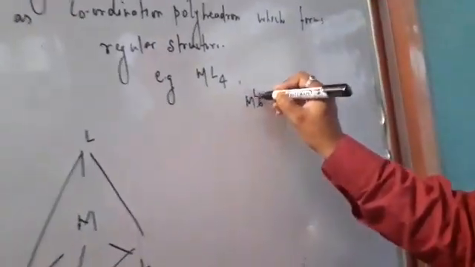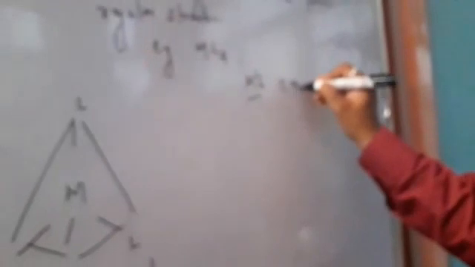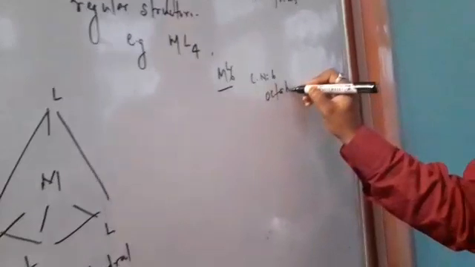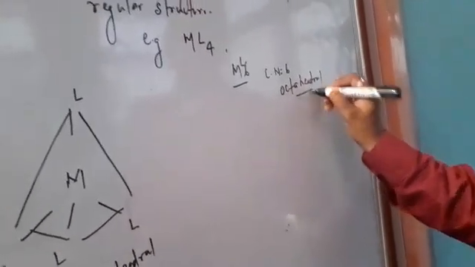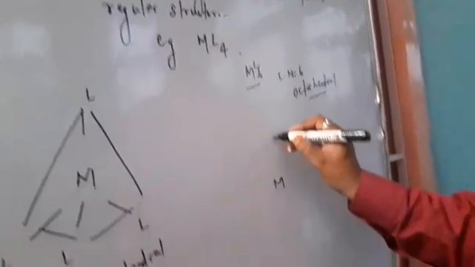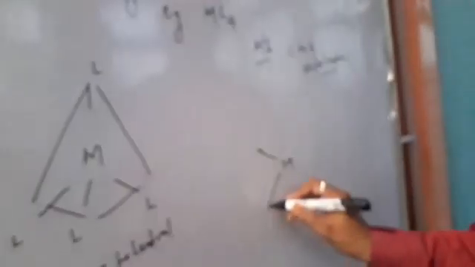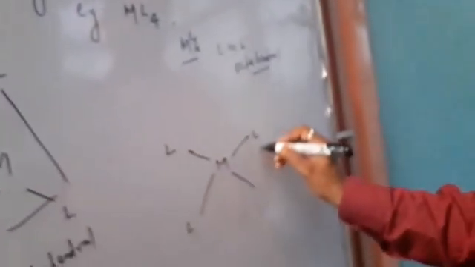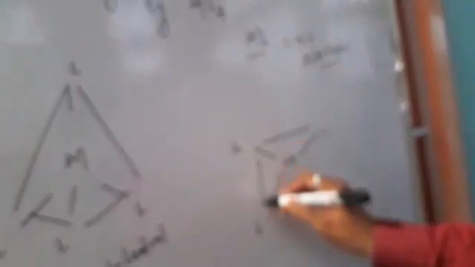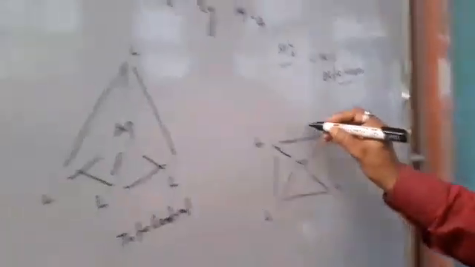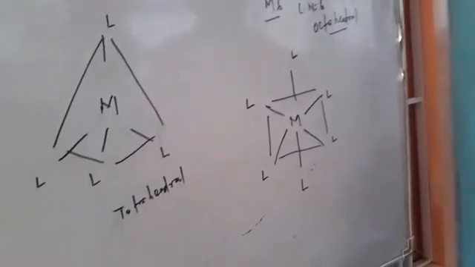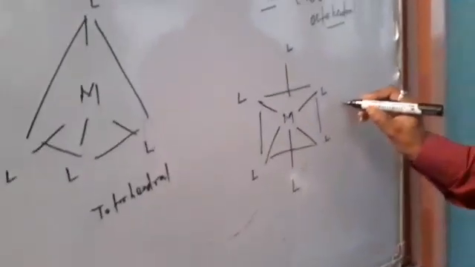ML6. If the coordination number is 6, the geometry is octahedral. This is the central metal atom. If we draw the octahedral structure, one ligand is above the plane, 4 are in the plane, and one ligand is below the plane. This structure is octahedral.